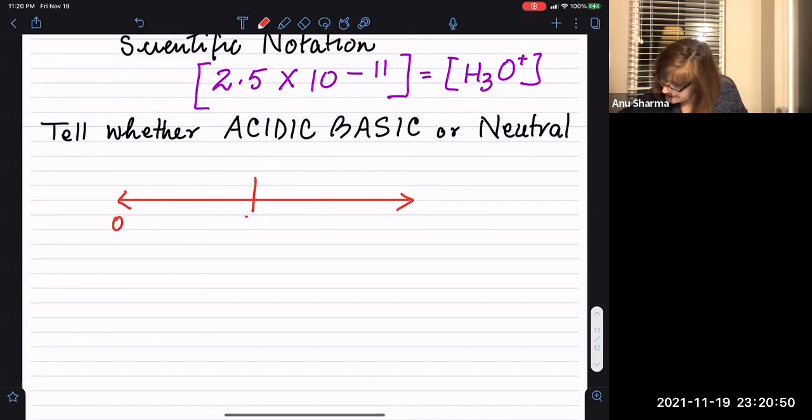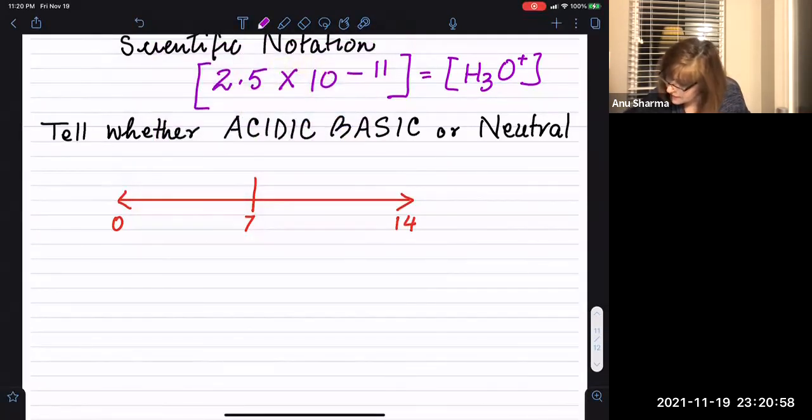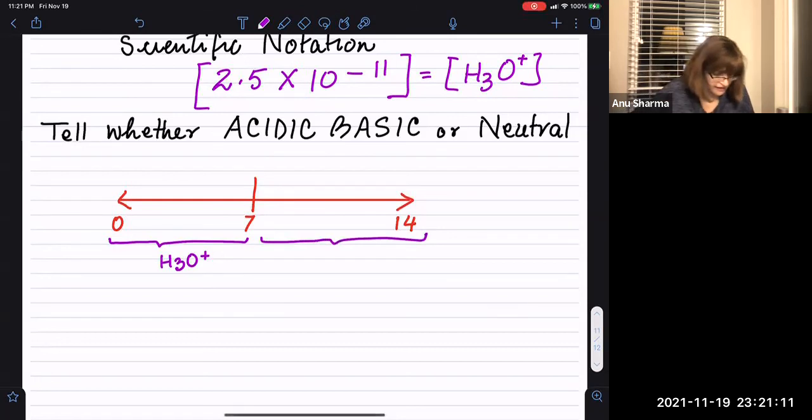Zero, 7, and 14. From here to here, this side is the hydronium ion concentration, from 0 to 6.9. And from 7 to 14. This is actually 10 to the power -7, sorry.